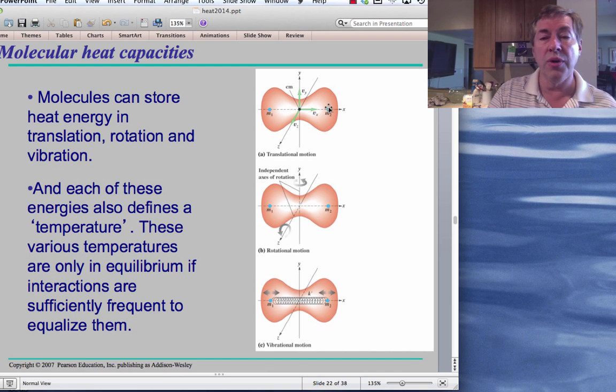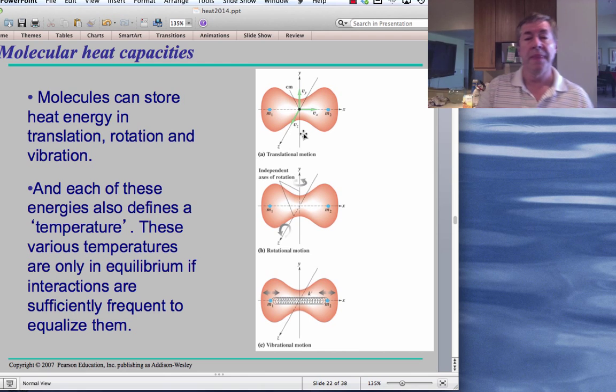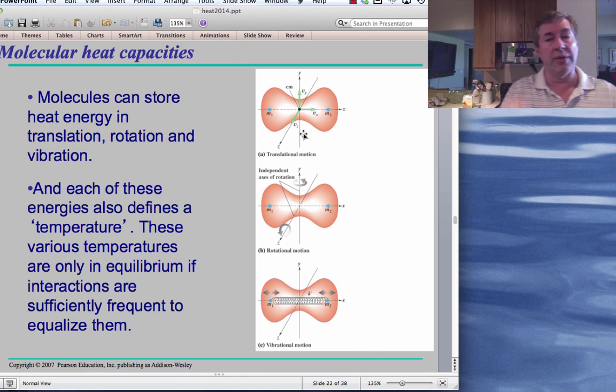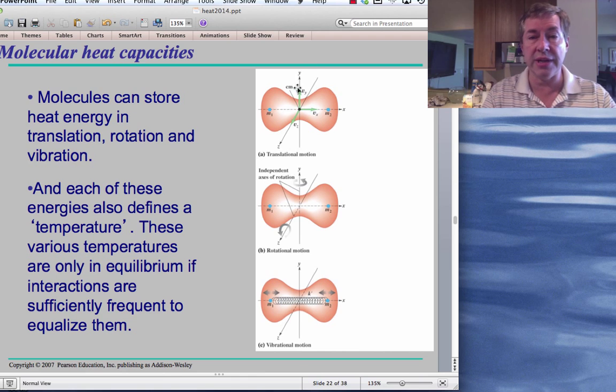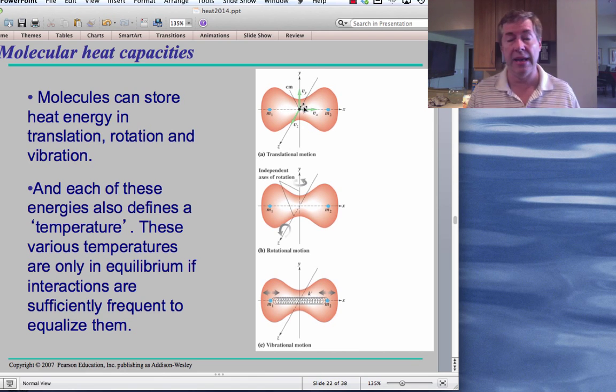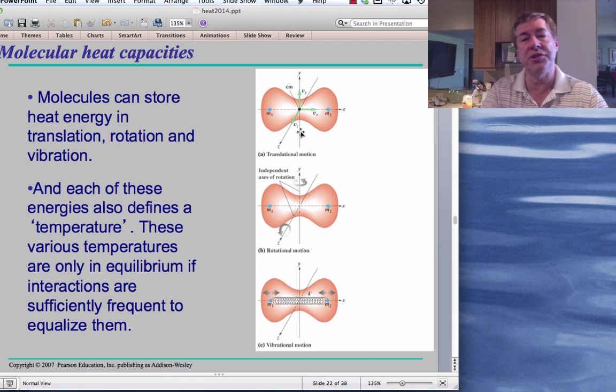It's going around in 3 different directions. Each one of these directions has an average energy of a half kT. k is the Boltzmann constant, a fundamental constant of nature. T is the absolute temperature. And since there are 3 directions it can fly around in, the average total kinetic energy is 3/2 kT. That's basically another way of looking at our ideal gas formula.